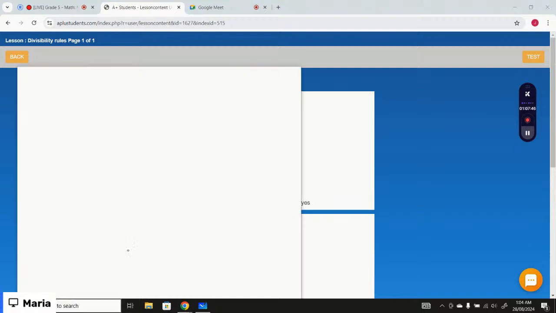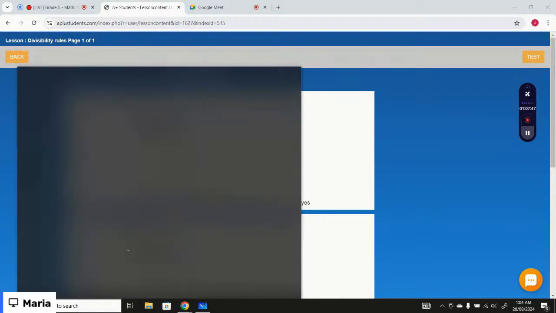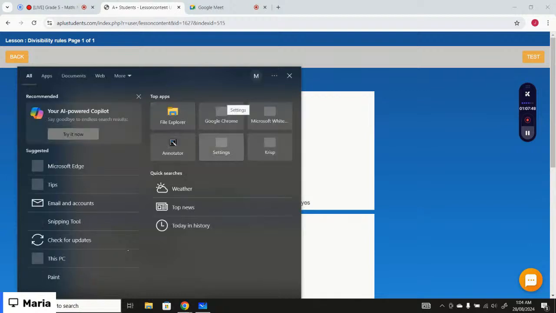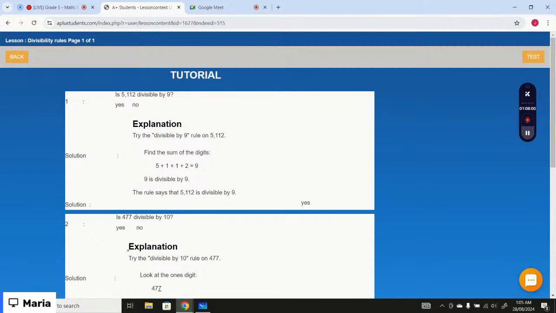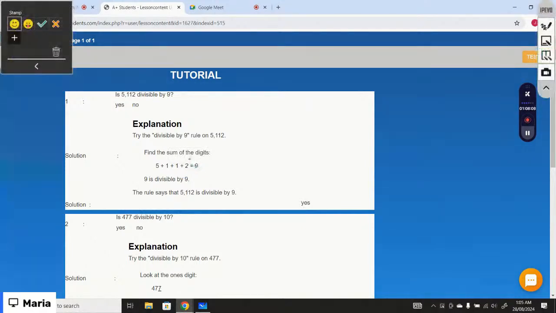For example, you have 5112, so just add 5 plus 1 plus 1 plus 2, right? When you add them, it makes 9, right?